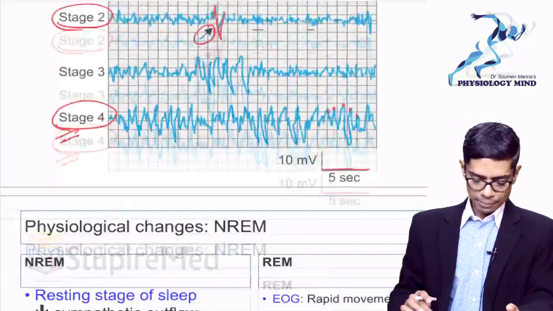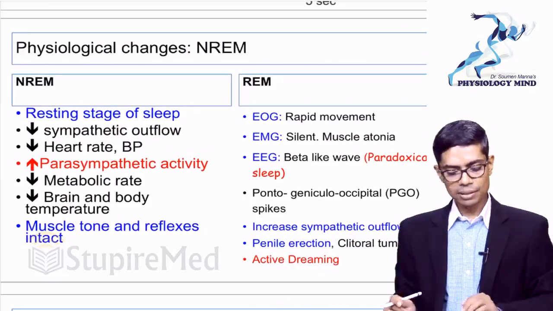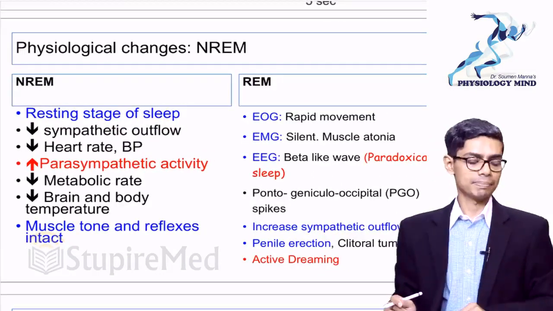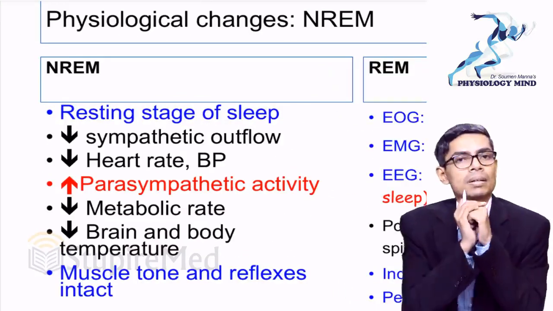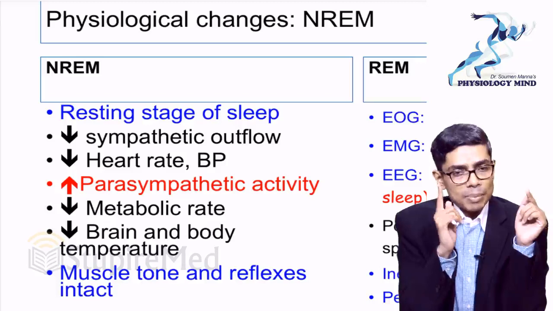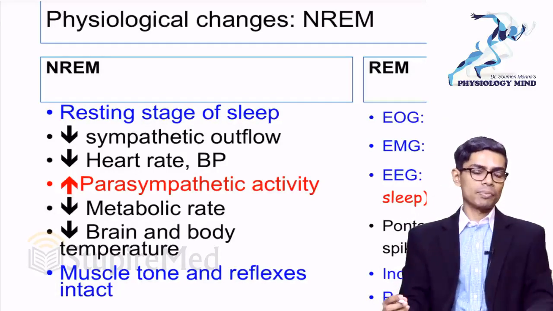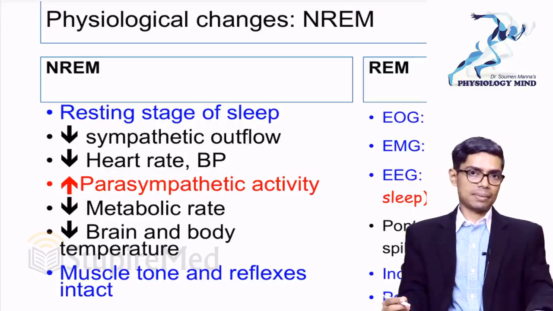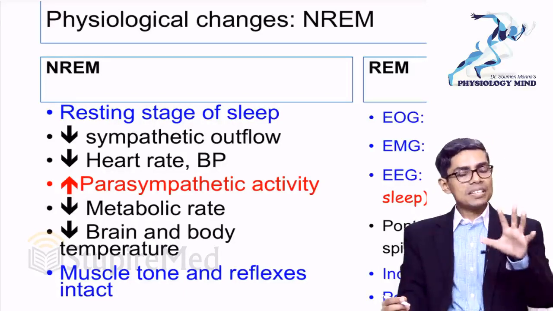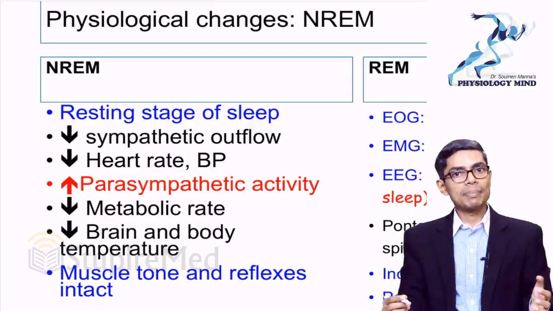Okay, now what are the physiological changes during non-REM and REM sleep? First, coming to non-REM sleep. First, remember, non-REM is the resting stage of sleep. What is the requirement of sleep? Your brain is getting rest. So this rest is mainly seen during non-REM. What will happen?